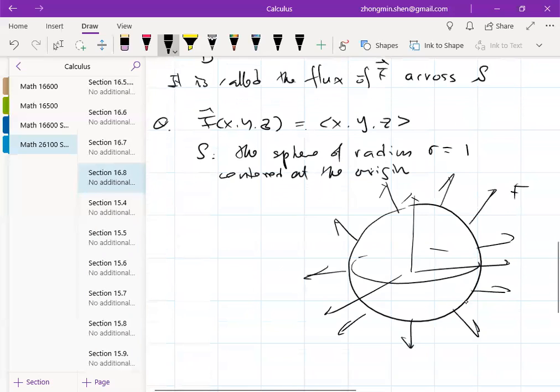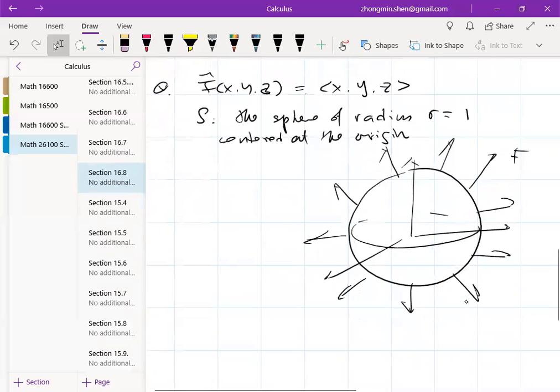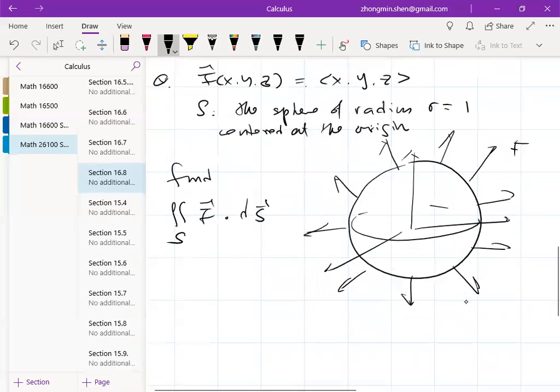So this is F. For this particular case, you evaluate this double integral of F dot n dS. By definition, this is just equal to F dot the normal vector dS.